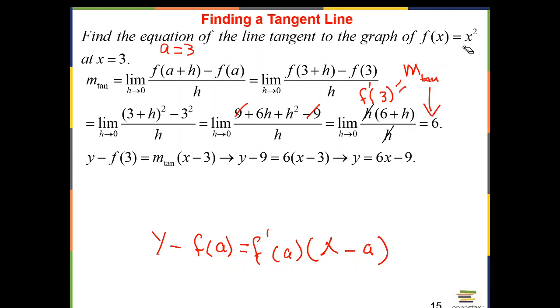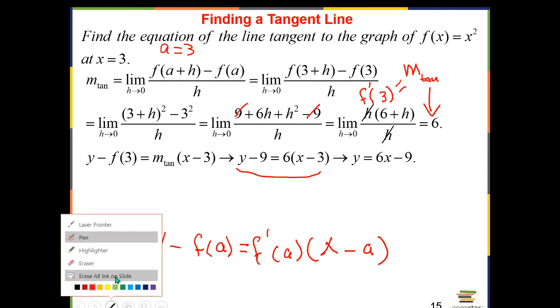If you substitute 3 squared, it is 9. So it would be y minus 9 equals, what's f prime at a? Well, we found it here, so we put 6 for that. And a is 3. That's good enough. If you have to simplify it, you can write it in the form of mx plus b. But that is the equation of the line tangent to that graph.